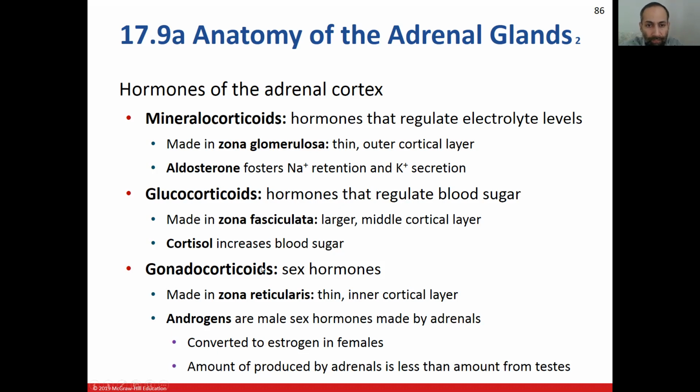And then finally, you have the zona reticularis that secretes male sex hormones, in both males and females. And actually, it's this zone right here in your adrenal glands that maintains the sex drive or libido in a female, right?